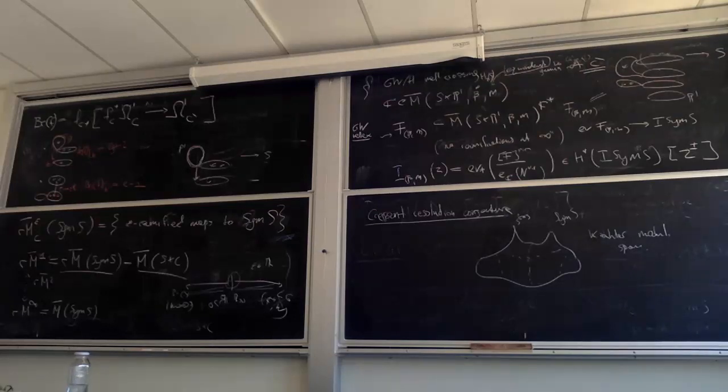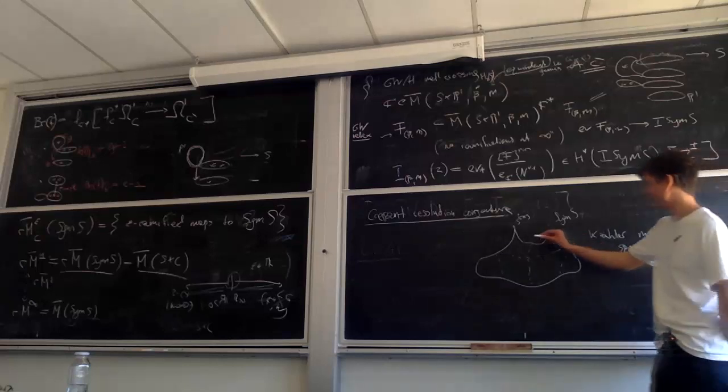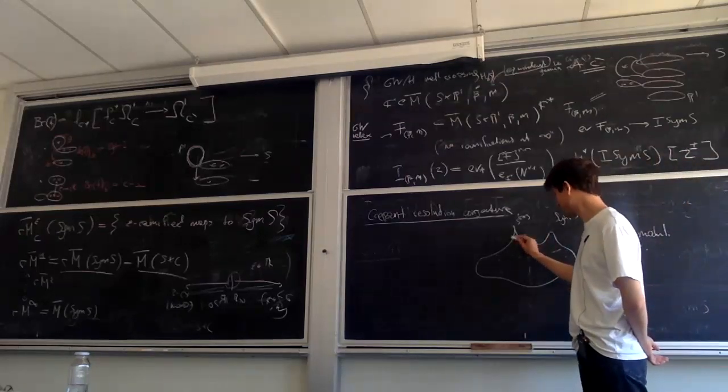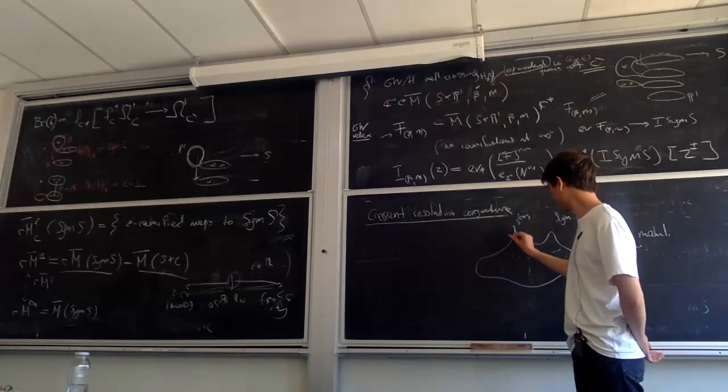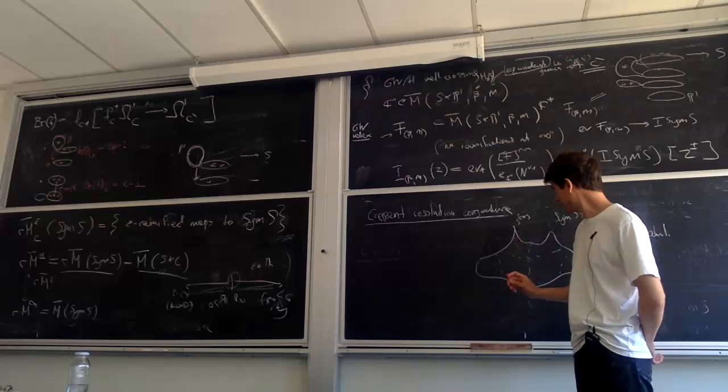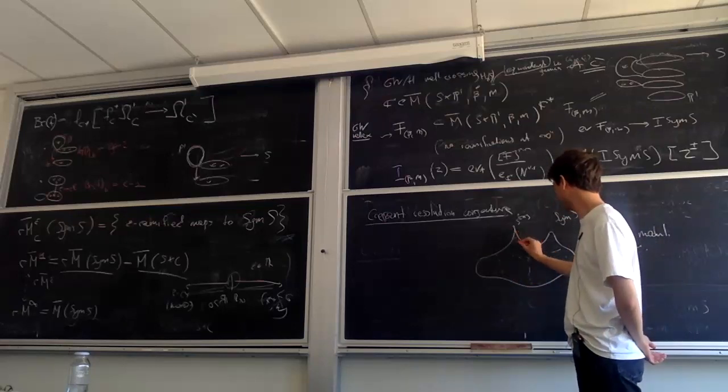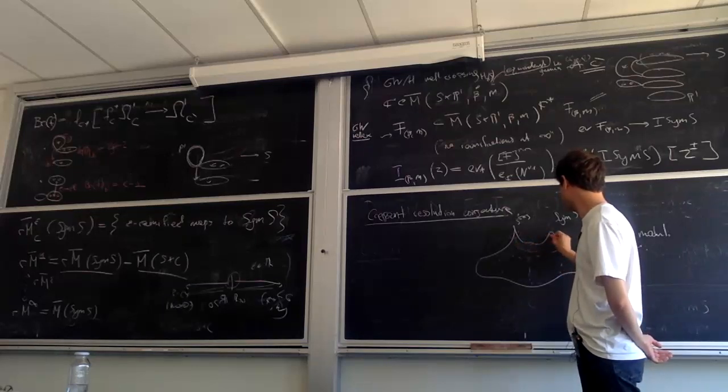Yeah. So essentially, what the Crepant resolution conjecture says is that locally you have your Gromov-Witten potential defined, right? And then you can extend it into some neighborhood which also contains the point that corresponds to the symmetric product.